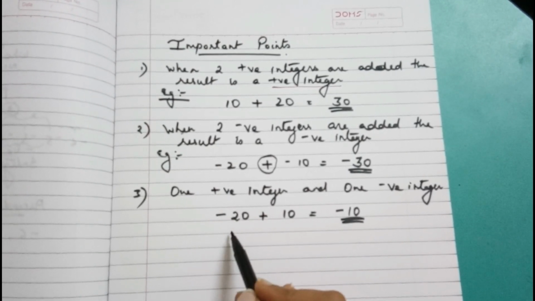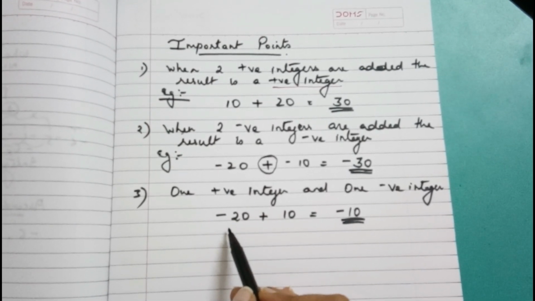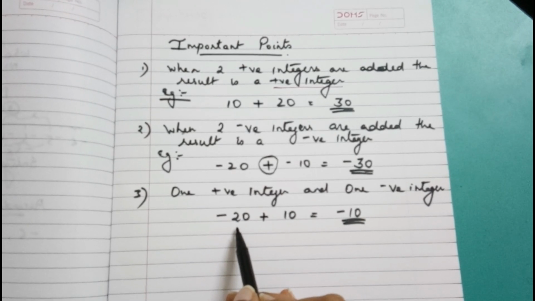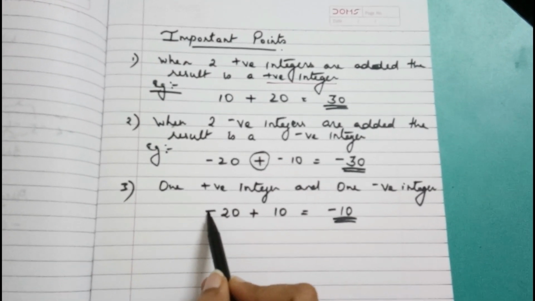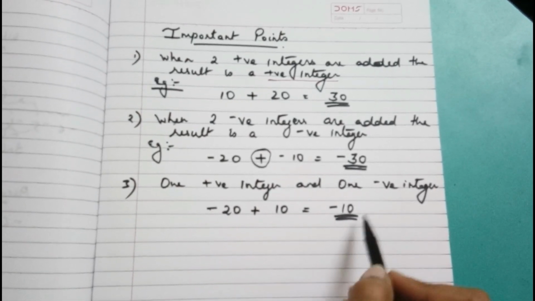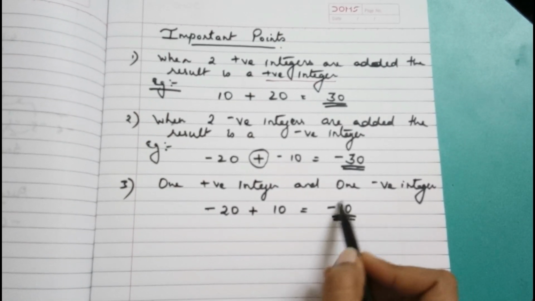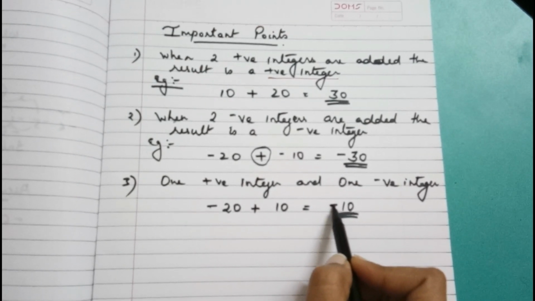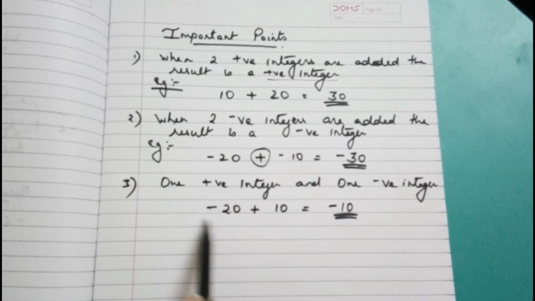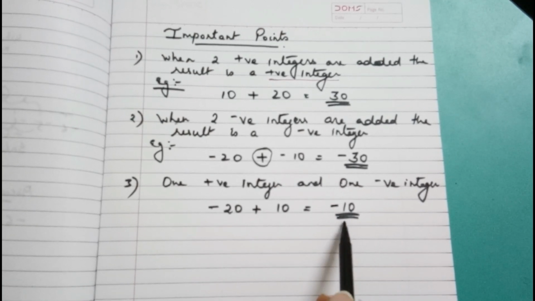Here, the number 20 is bigger than the number 10, and the number 20 has a negative sign. That is why our answer would be the difference of 20 and 10 with the sign which belongs to the bigger number, that is a minus sign.